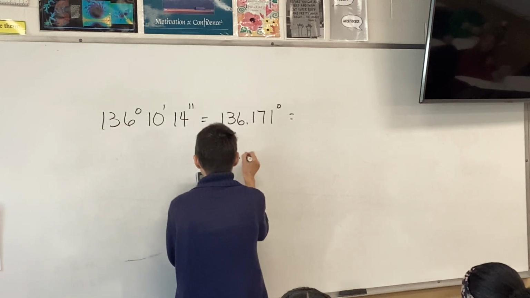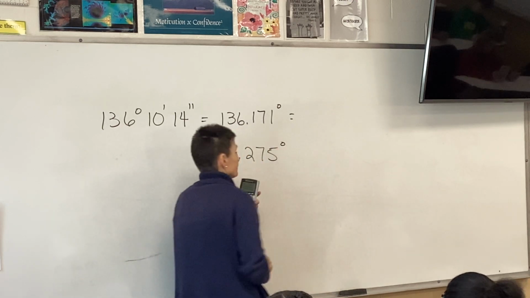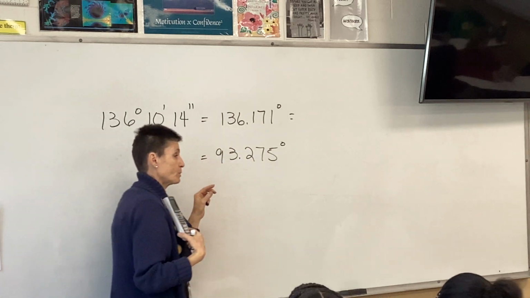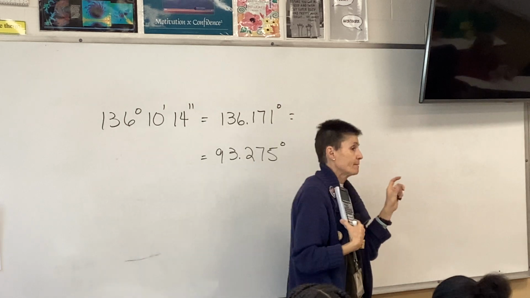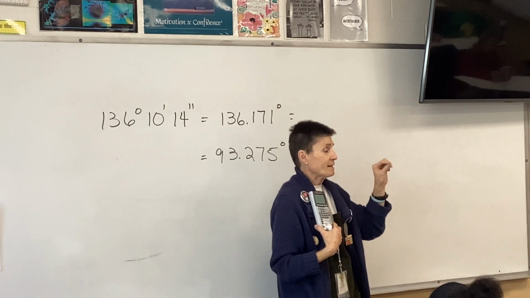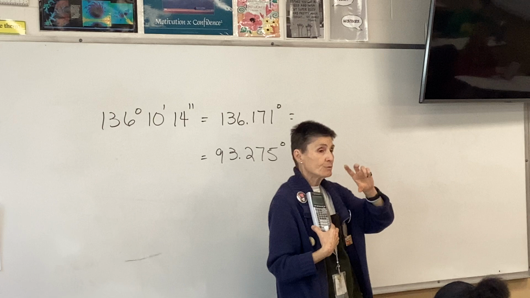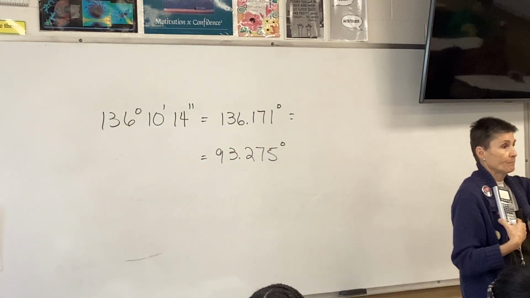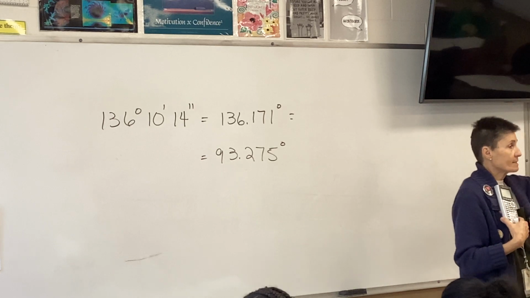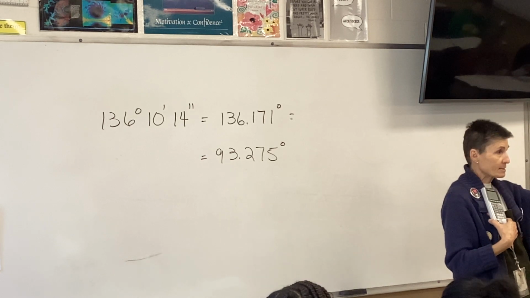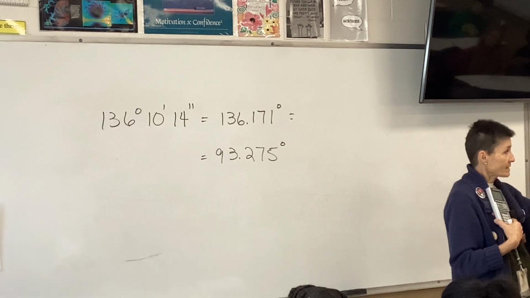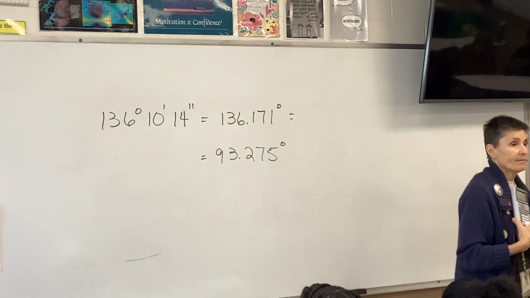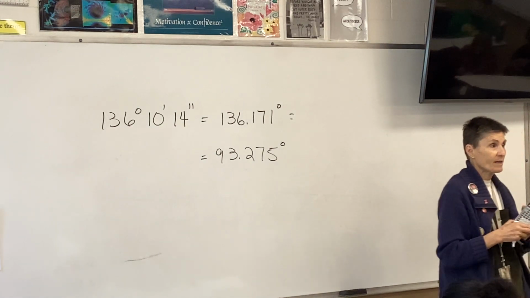Yeah, 93.275. Okay, so those of you who are a little bit lost, go through it one more time. To put degrees, minutes, seconds into your calculator, you type in your degree number, go to second angle, degrees. Then type in your minute number, second angle, go down to minutes. And then type in your seconds number, alpha plus, and then equals, and that gives you the decimal. All right, everybody okay with that?